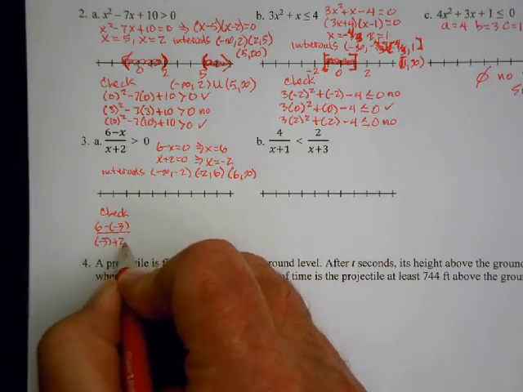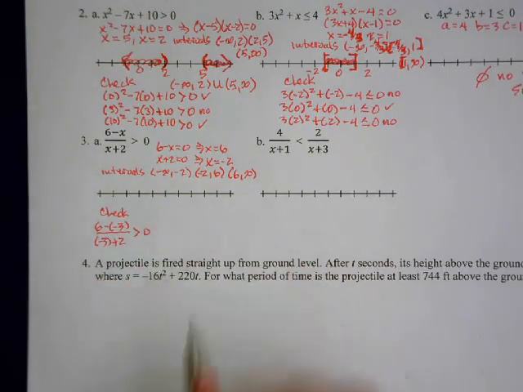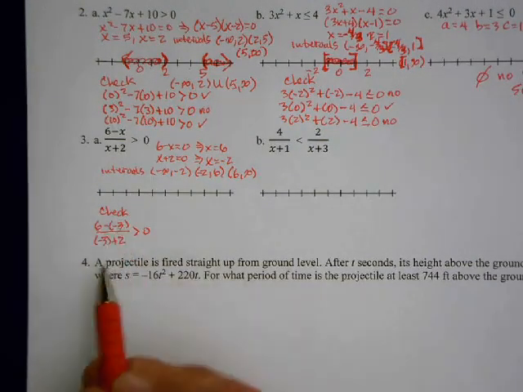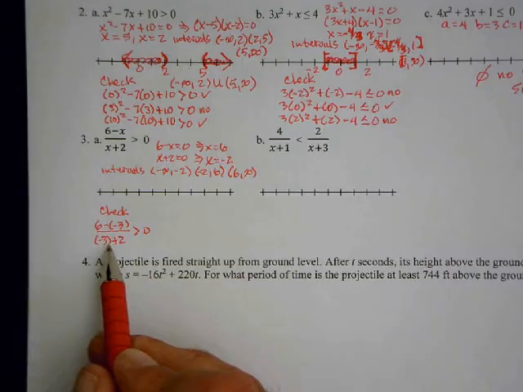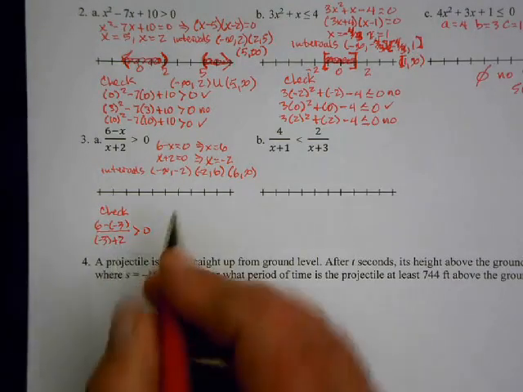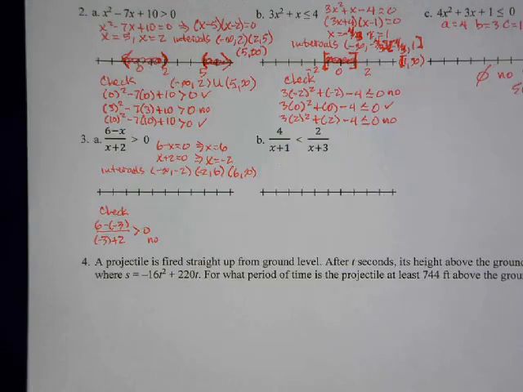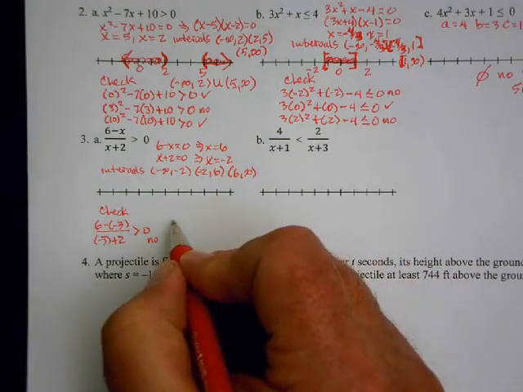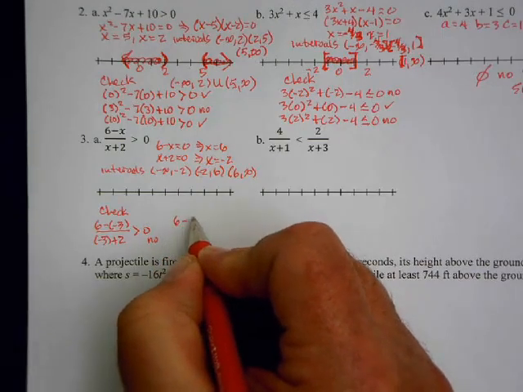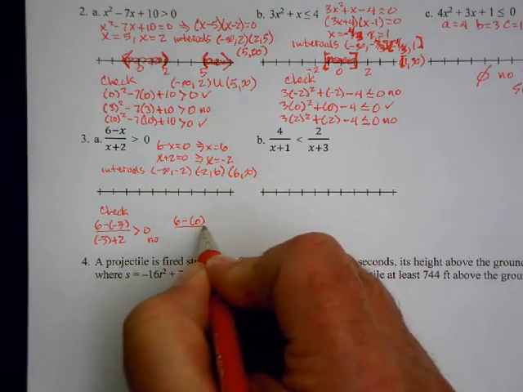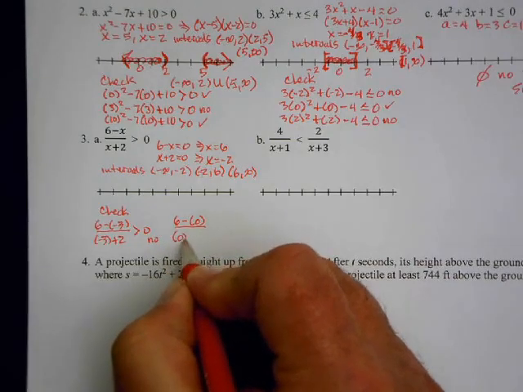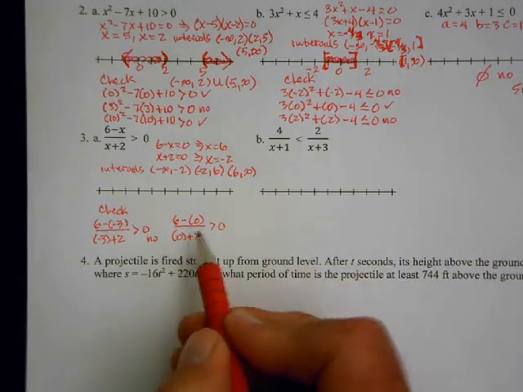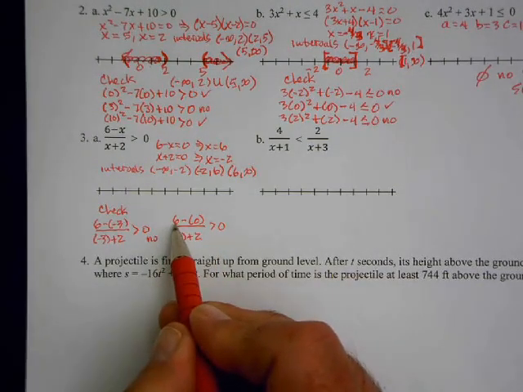Now the top is going to give me positive 6 plus 3, but the bottom is going to give me negative 3 plus 2, so this is a no. All right, now let's try something in between negative 2 and 6, so we can try 0. 6 minus 0 over 0 plus 2. Is that greater than 0? Okay, again, numerator is going to be positive, denominator is going to be positive, so that will be greater than 0, so that one works.